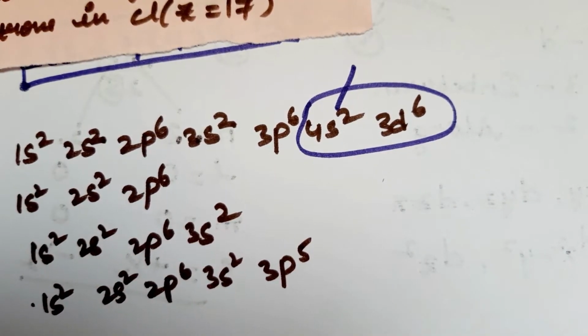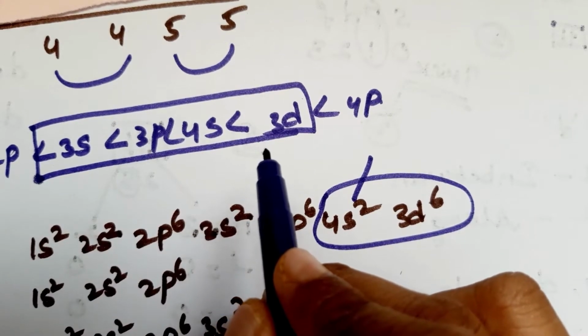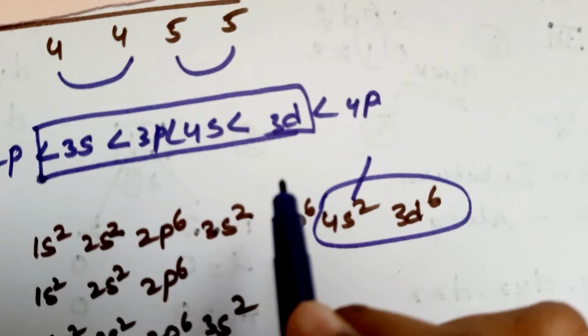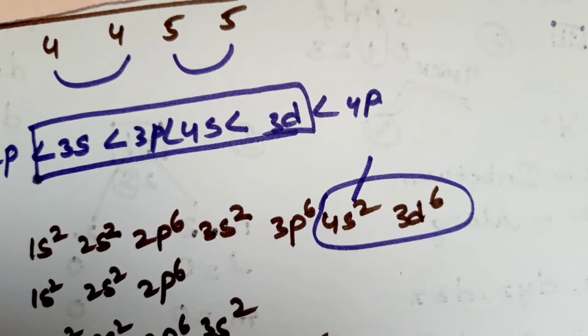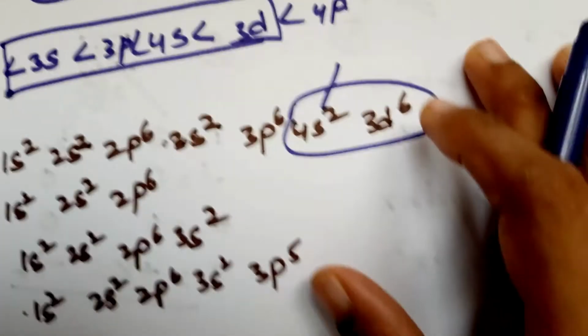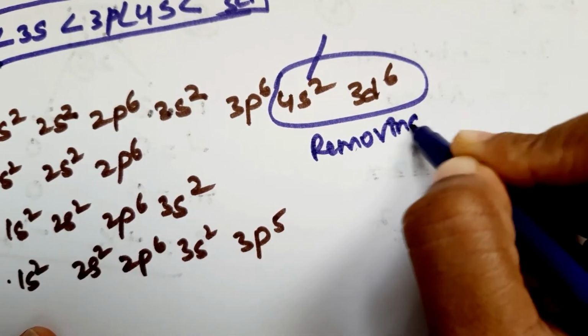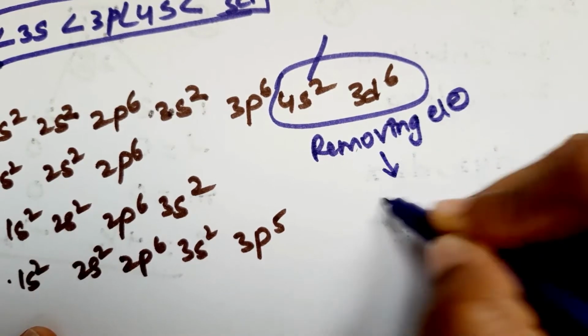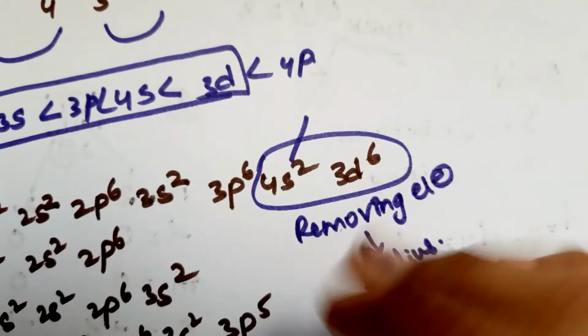But when writing the order, we have to fill the electrons based upon the energy, not based on the radius. It is very important, students. We fill the electrons based upon the energy, but when we are removing the electrons, it is based upon radius.